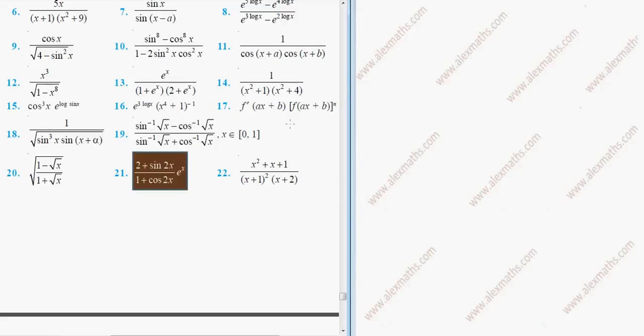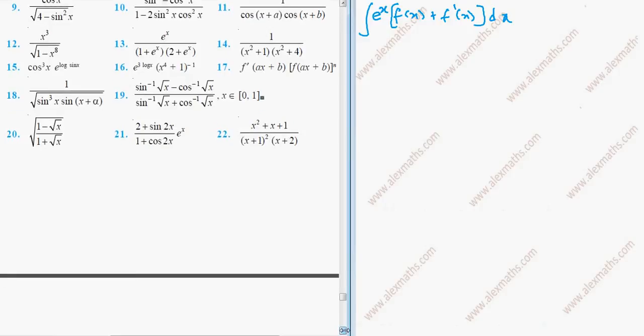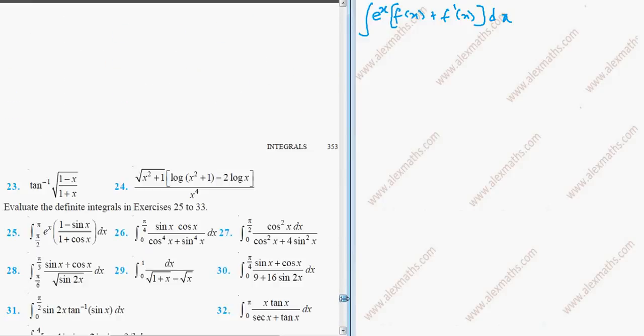Then this one, that special form, e power x into f of x plus f dash of x, you have to rearrange and continue. Then this one, partial fraction. This total denominator degree is x cube and numerator is x square, so it is already a rational expression. You can apply the partial fraction rule, that is the repeated factors rule. Then in the next one, you can substitute x as cos 2 theta and continue accordingly.